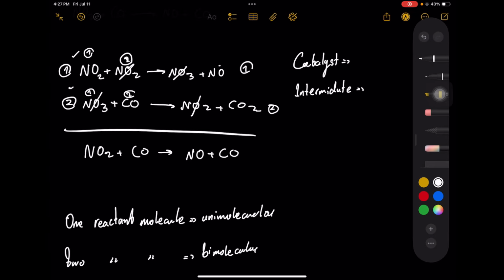So, I'm sorry, this one is NO2. Notice here, this NO2 acts as a catalyst, and NO3 is produced and then consumed. So NO3 is our intermediate.